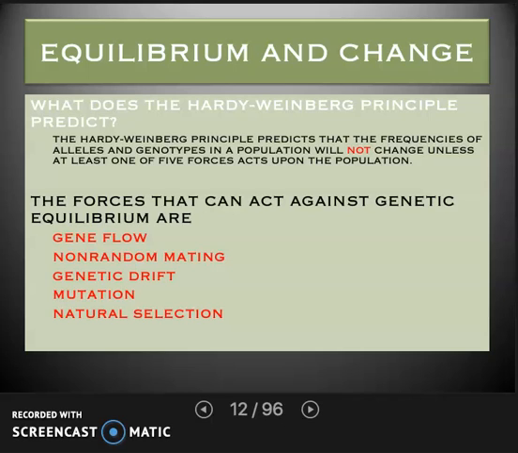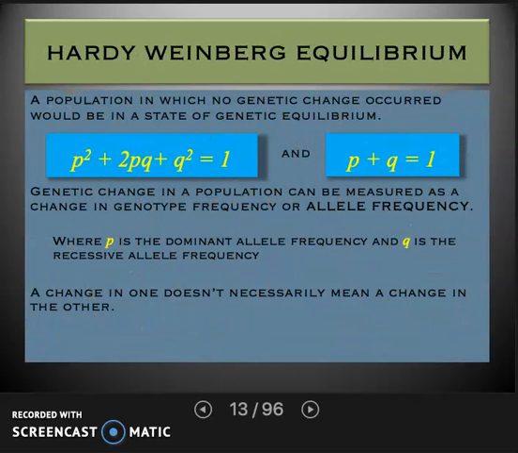The things that can't happen in a Hardy-Weinberg population are gene flow, non-random mating, genetic drift, and mutation. But we'll talk about that in detail later. Let's look at the math. There are two equations. The first equation is p squared plus 2pq plus q squared equals 1. The second equation is p plus q equals 1. What this relates to is our genotypes.